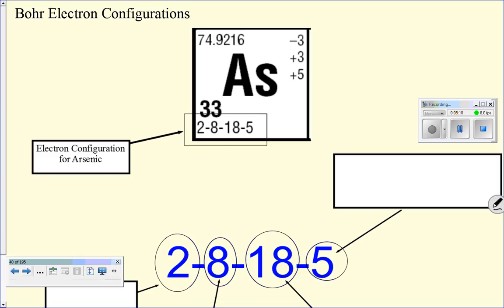Electron configurations actually tell us the principal energy levels where different numbers of electrons exist. We use predominantly, in Regents chemistry, Bohr electron configurations, but we will also look at quantum configurations as well. From your periodic table, if you take a look at any of the squares, in the bottom left-hand corner you will see the electron configuration in what's called Bohr configuration.